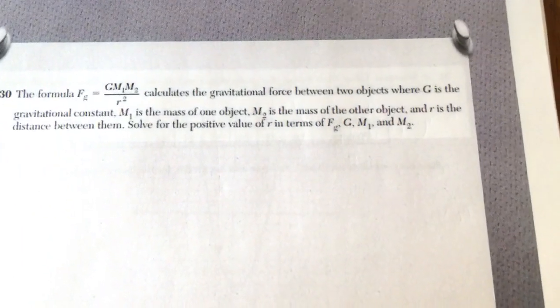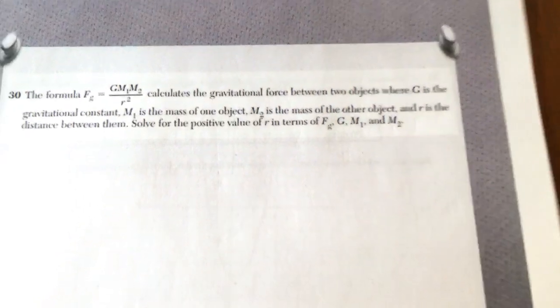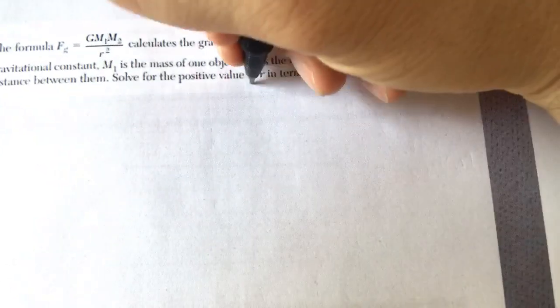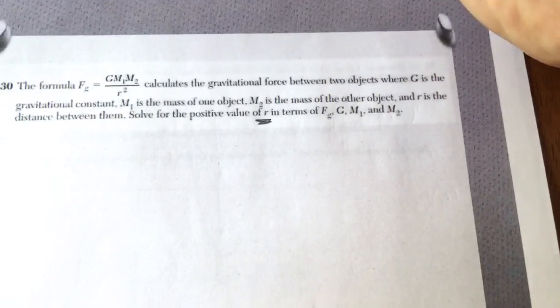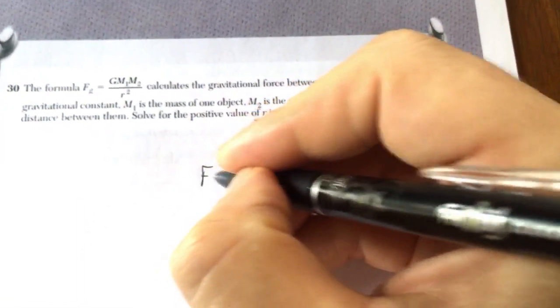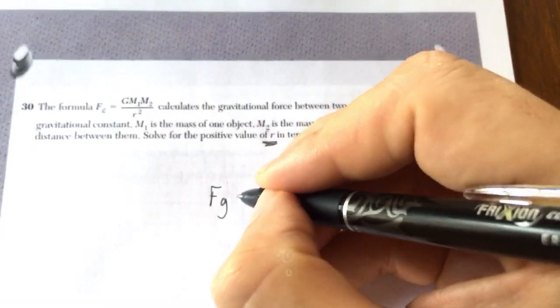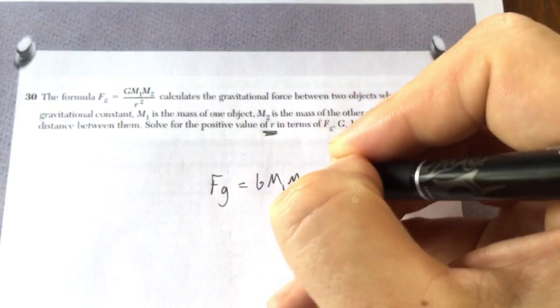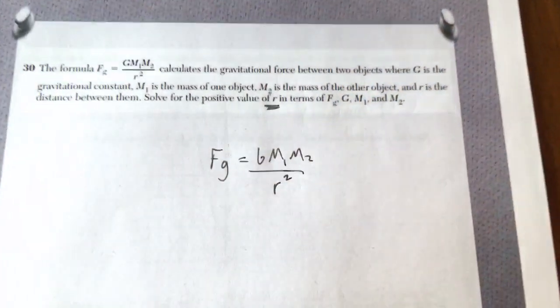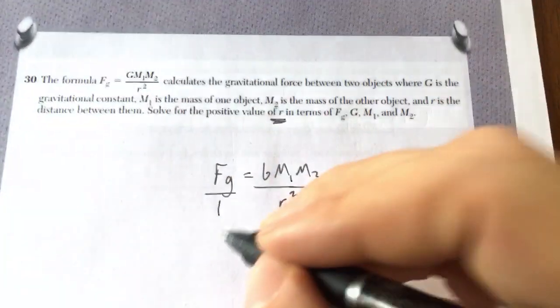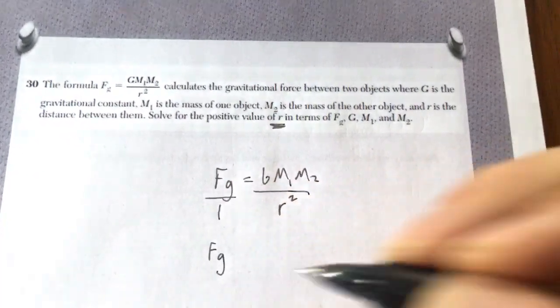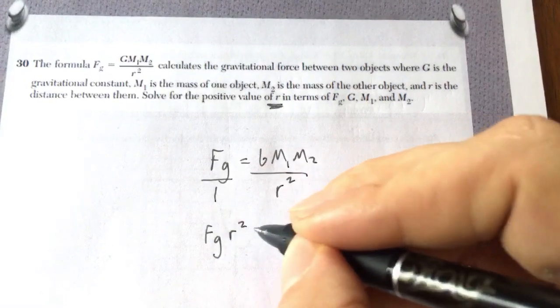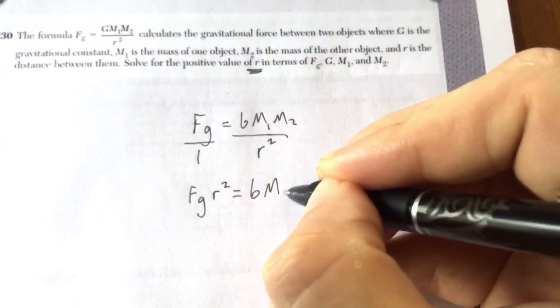Here in 30, you're given an equation for gravitational force. You don't have to know what to do with it and what to plug in. They're just asking you to solve for r. So to do that, what I'm going to do is cross multiply. Put this over 1, I get F sub g r squared equals G m sub 1 m sub 2.